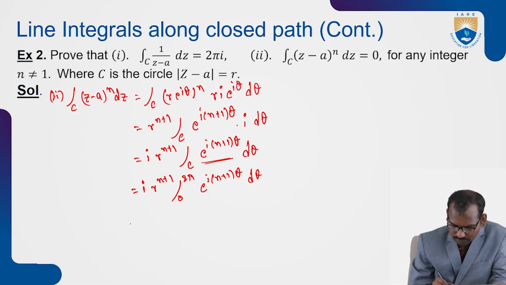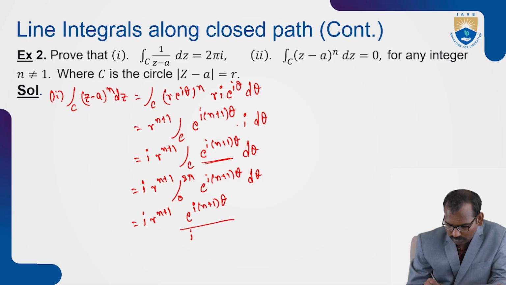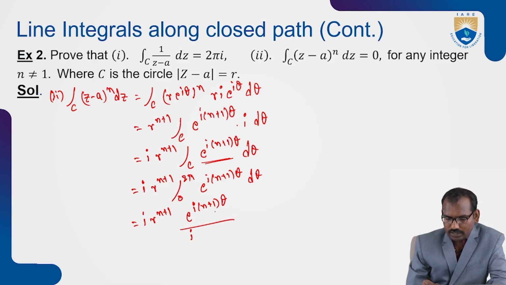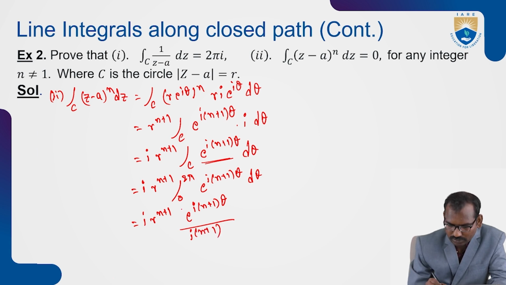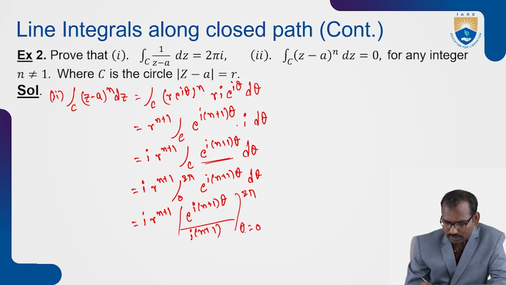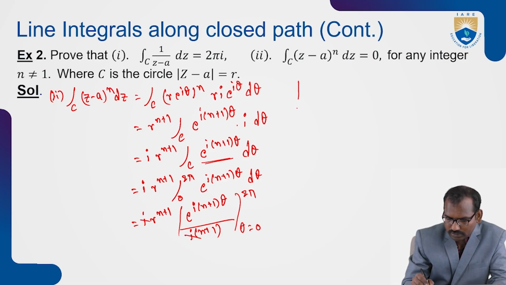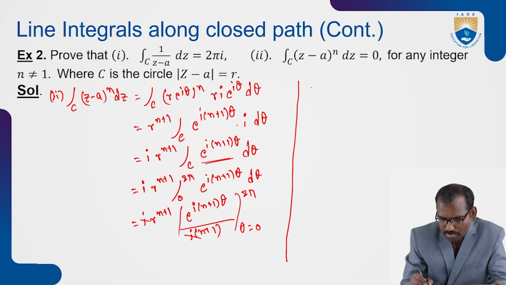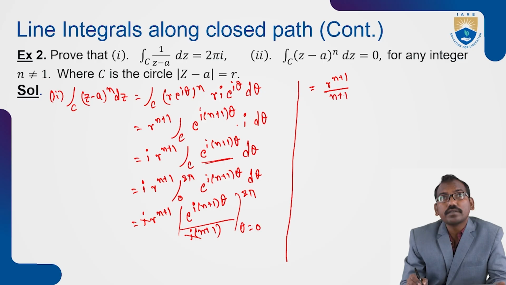If you perform the integration, what will we have? i r power n plus 1 times e power i times (n plus 1) times theta divided by i into (n plus 1), with theta from 0 to 2 pi. Now you can observe that i is there and here also i is there, so i gets cancelled.